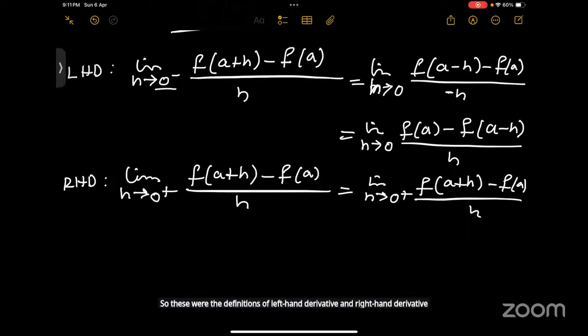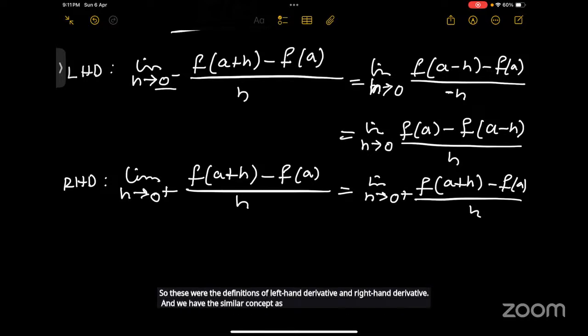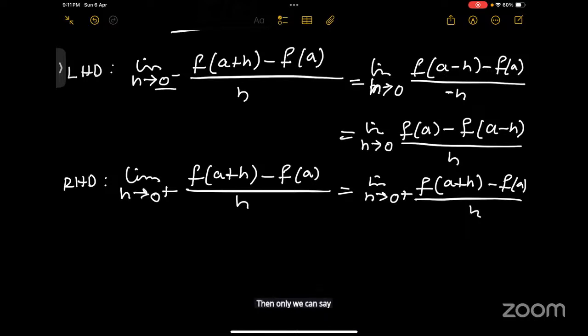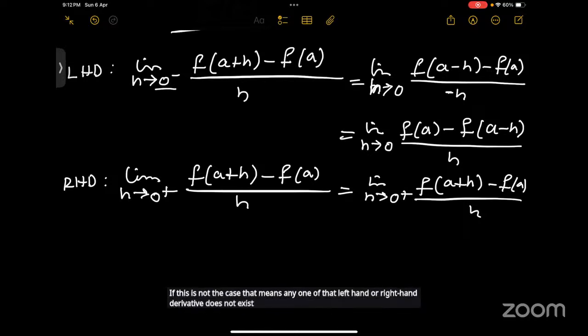And we have a similar concept as limit here too. That means if both left hand derivative and right hand derivative exist, and if they are equal, then only we can say the derivative exists at that point. If this is not the case, that means either the left hand or right hand derivative does not exist, or if they even exist and are not equal, then we will say that derivative doesn't exist, right?